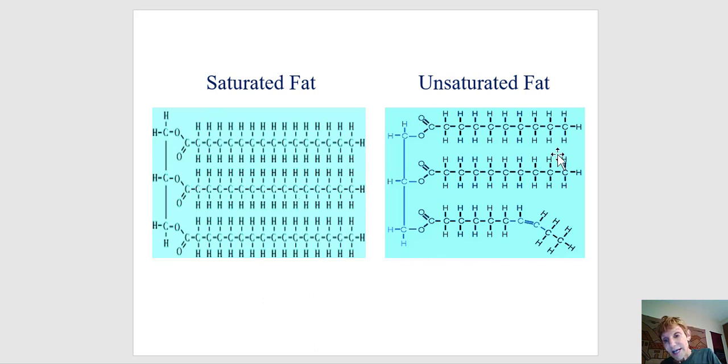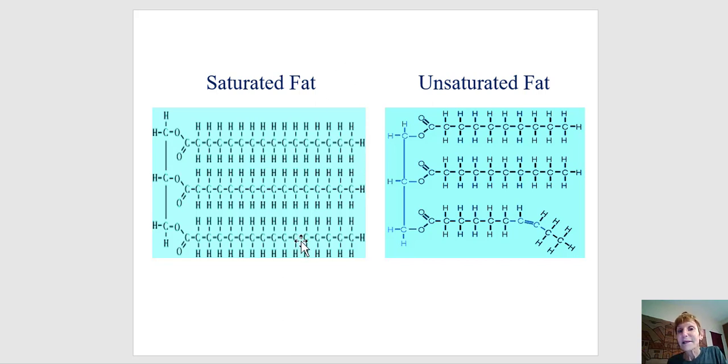These two are saturated fatty acids, but because this one is unsaturated, it makes the whole fat unsaturated. And that double bond there, not only does it mean that it can't have as much hydrogen, but it has a kink in it. And so it's not flat across like the saturated fat.